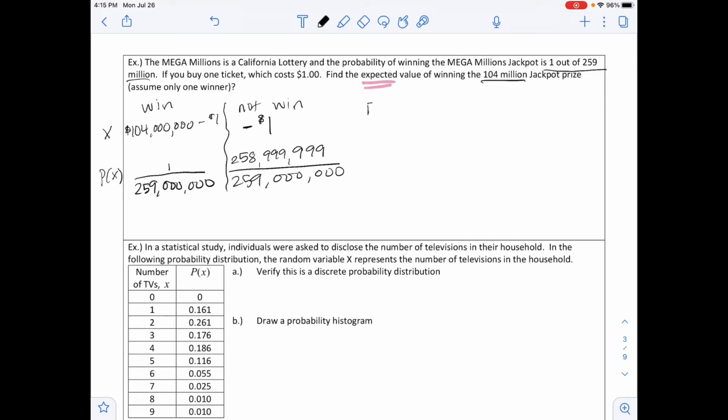So again, to calculate your expected value, it is the sum of x times p of x. And so we have to do this for winning, and we're also going to have to do this for losing.